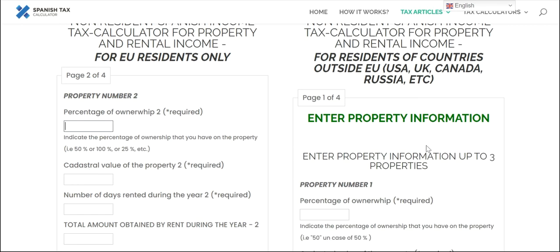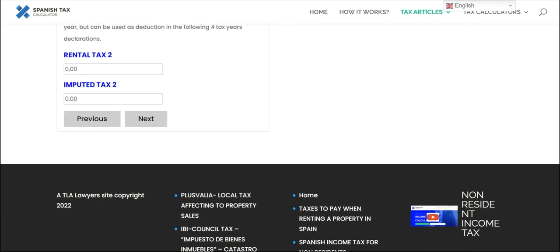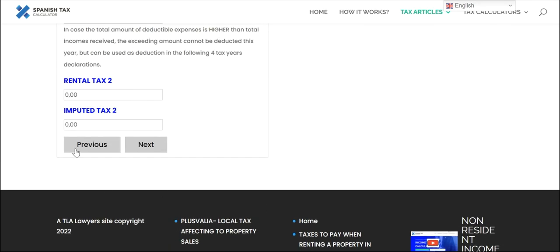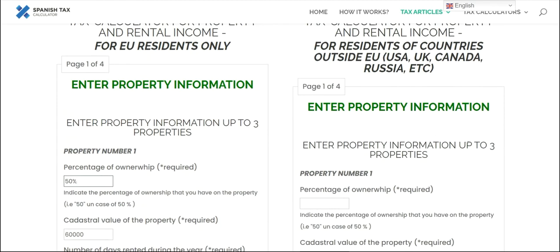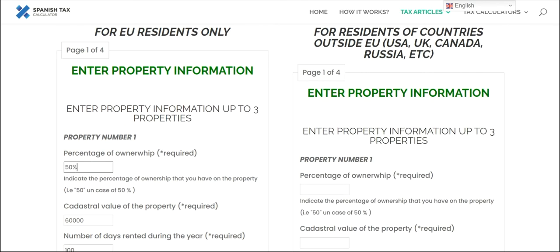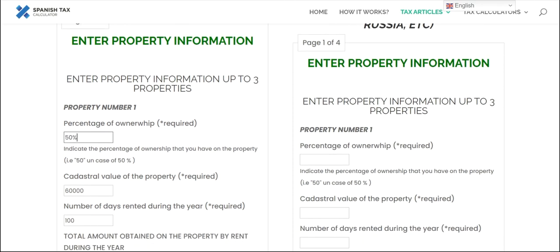This is an example of properties rented by owners who are non-residents in Spain, but residents in an EU country. But in the case of non-residents in Spain and residents in countries outside the EU, for example USA, UK, Canada, etc., the calculations are different because there is a different tax treatment.